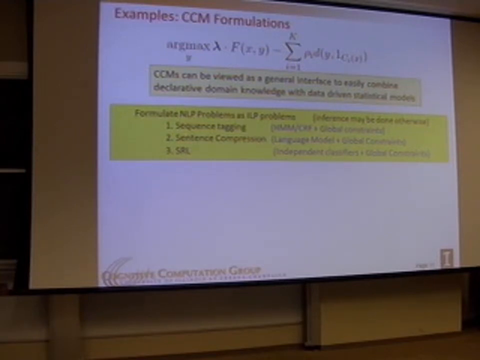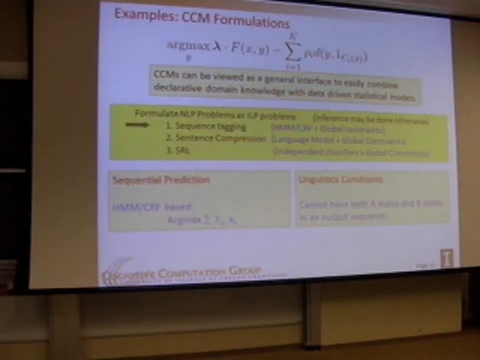So here is one example. Let's think about sequence tagging. So sequence tagging, think about HMM or CRF. And then I want to augment it. So HMM or CRF itself is just a linear model. So this is the left side of my objective function here. But let's assume that I have some constraints. For example, I know that I cannot have both A states and B states in the output sequence.